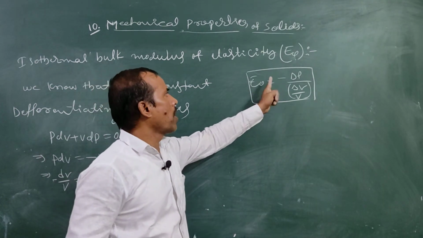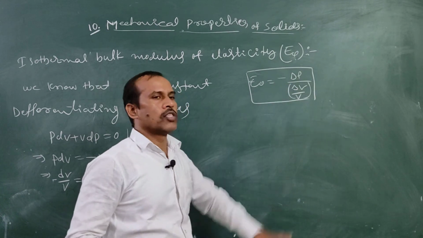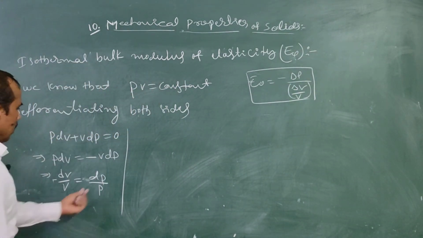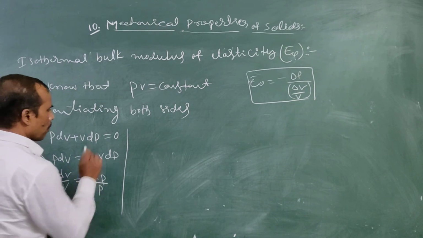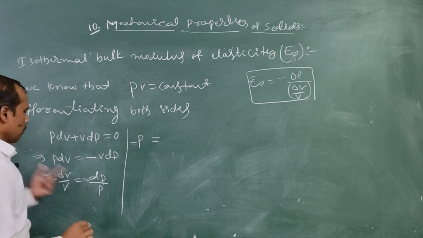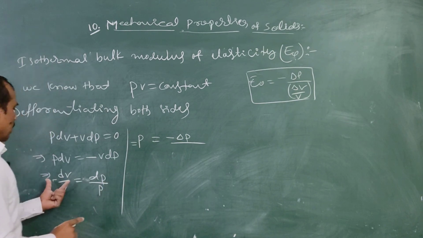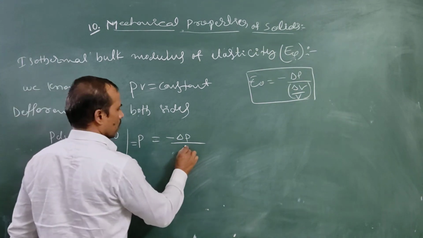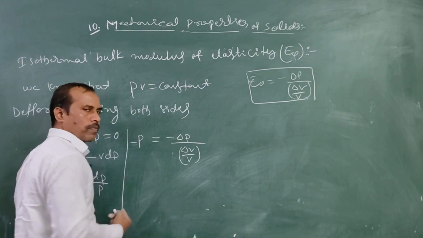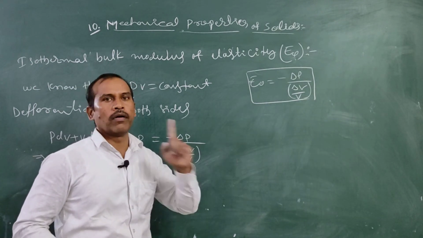E theta is equal to minus dP by delta V by V. Now this simplifies: P is equal to pressure, equal to minus delta P by delta V by V. This indicates the isothermal modulus of elasticity of the gas.